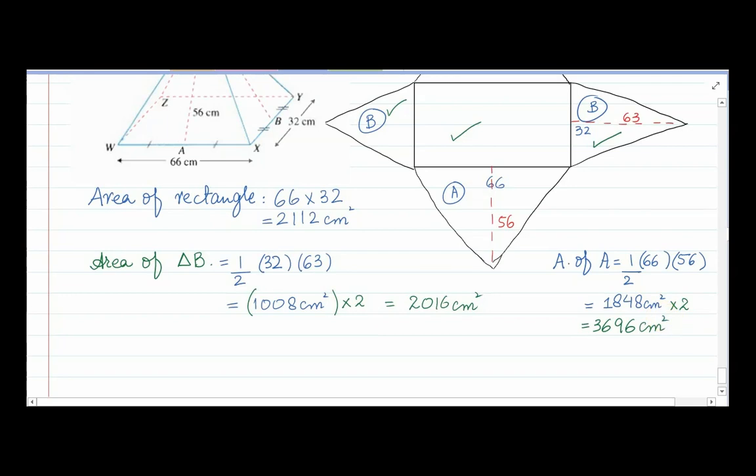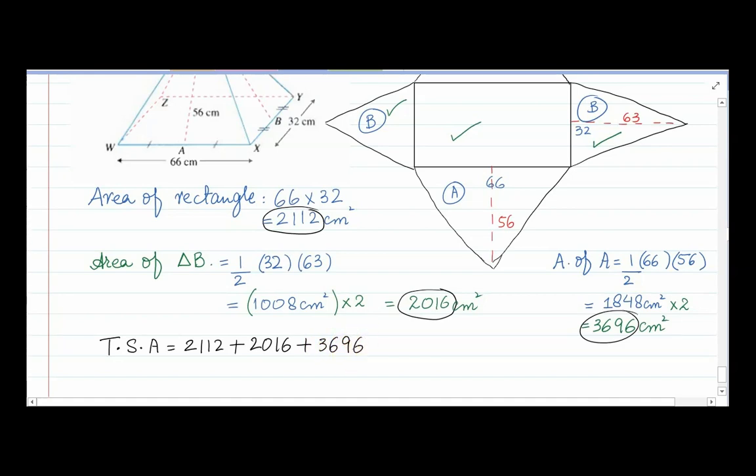right? Now the last part, the total surface area. That includes the area of the base, that is 2112, plus the area of both triangles B, that is 2016, plus the area of both triangles A, 3696.